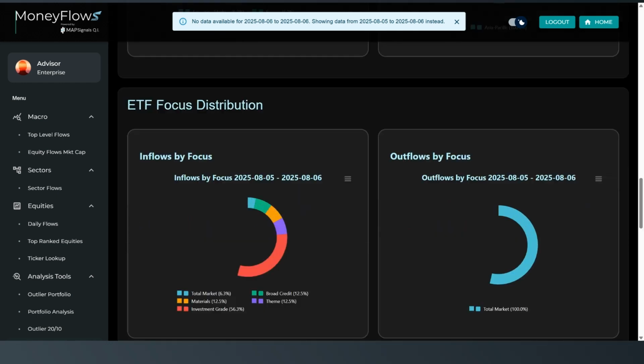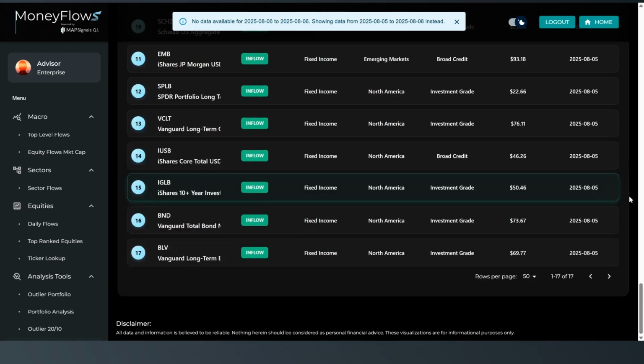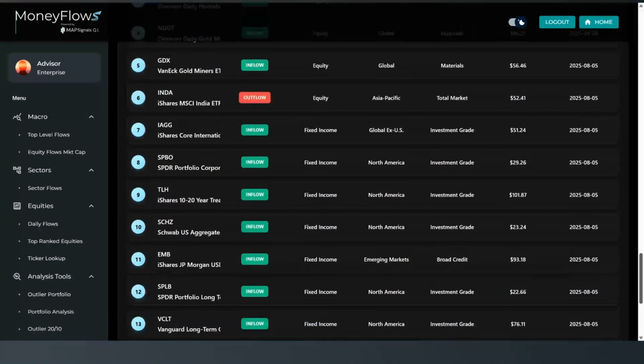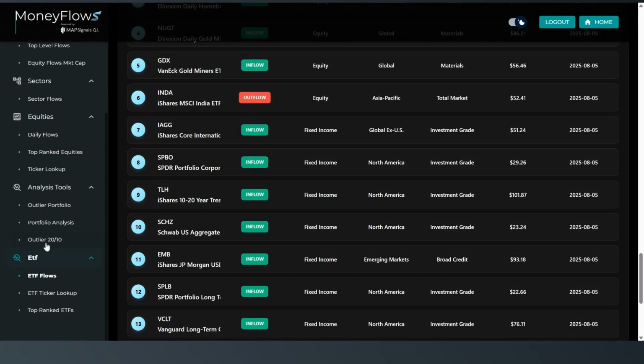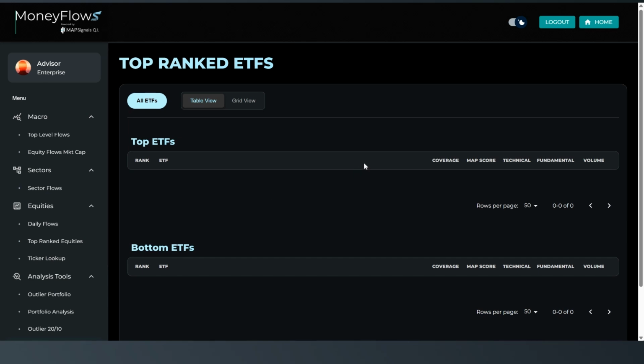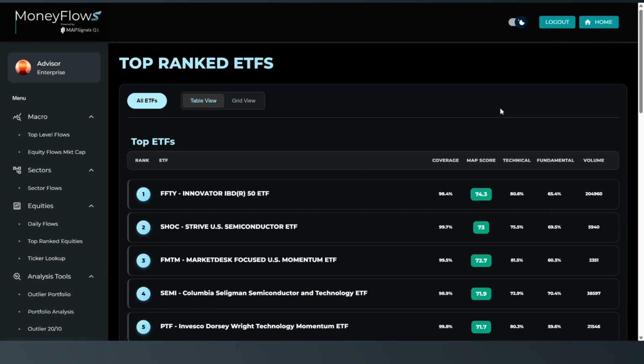So we saw XLU, and we also saw these fixed income ETFs that saw some inflows. What else can we do with ETFs? A lot. Let's go ahead and visit the top ranked ETFs. So we currently are scoring about 1,000 ETFs every single day.